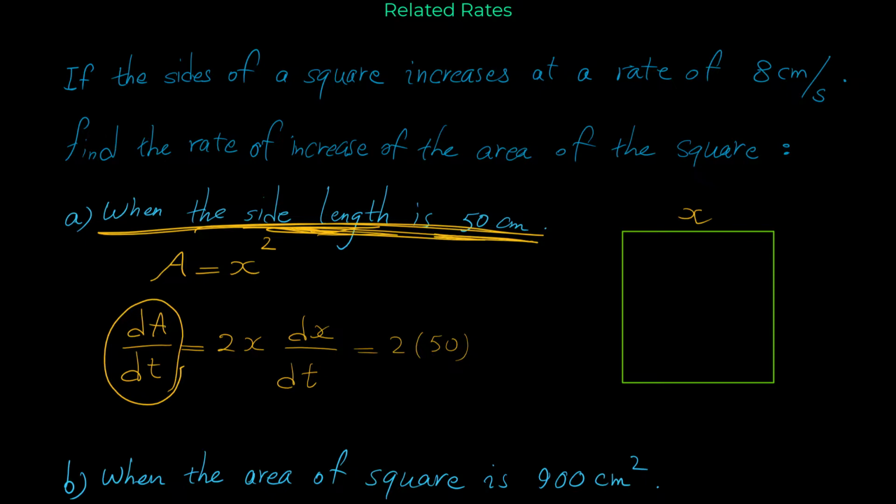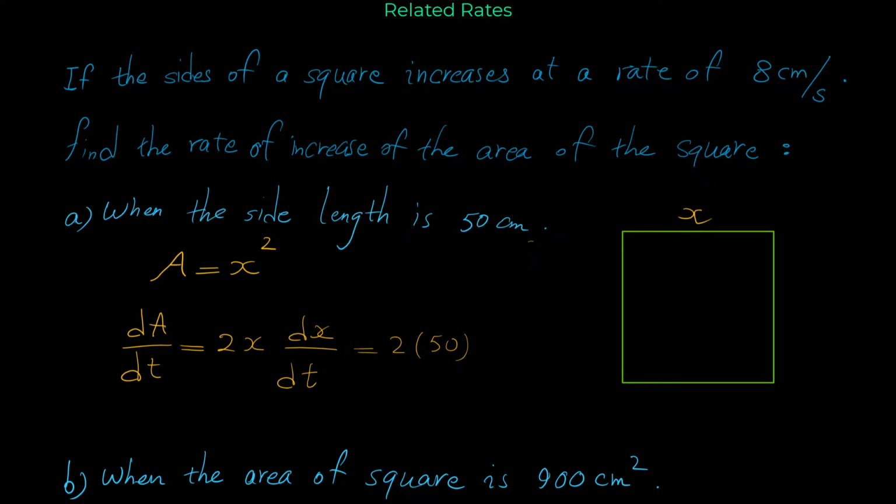And if you read the question, the rate of increase of the side of the square is given as 8 centimeter per second. The rate of increase, dx over dt, is the rate of change of the side of the square, and it's given as 8.